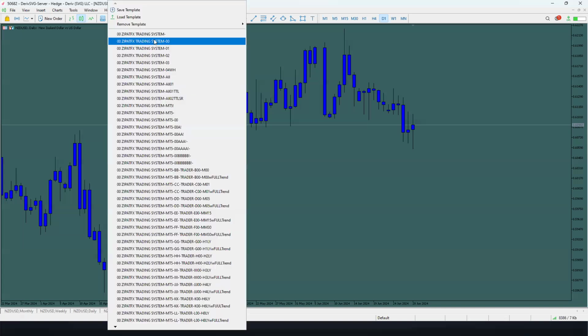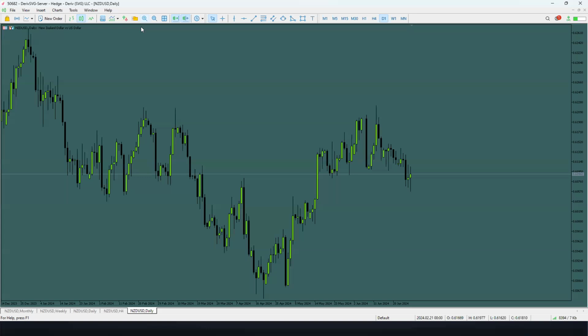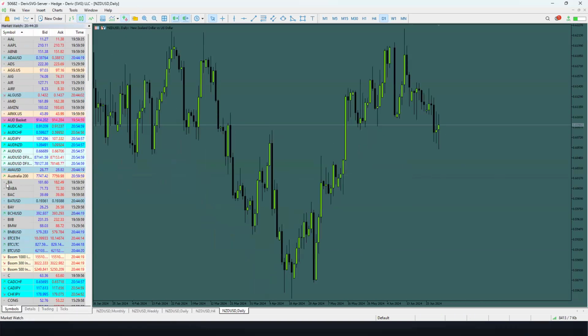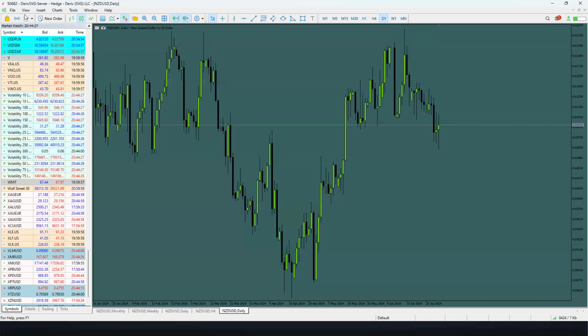Once you are comfortable doing that, you tend to apply what we have taught in terms of knowledge to the chart. So this is NZD/USD. Let's see other currency pairs. This broker is Deriv, and they have volatility indices.